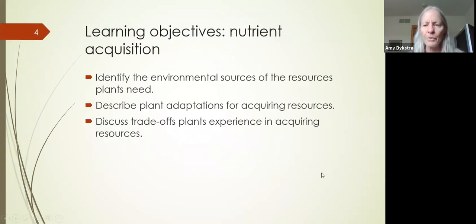Our learning objectives for this lesson are to be able to identify the environmental sources of all of the resources plants need, to describe plant adaptations for acquiring resources, and to discuss trade-offs plants experience in acquiring resources.